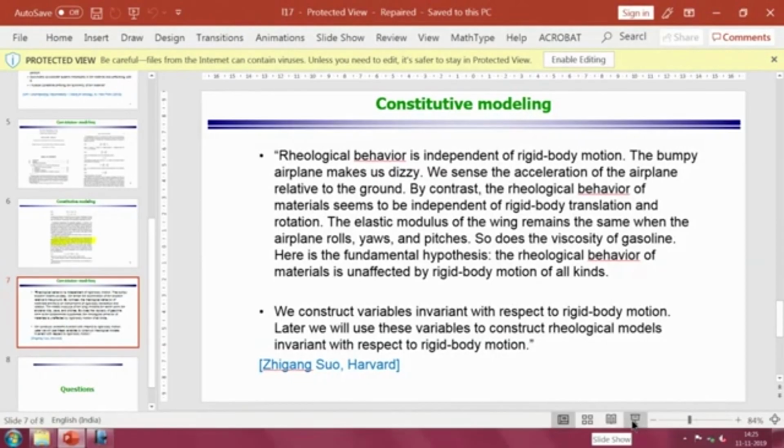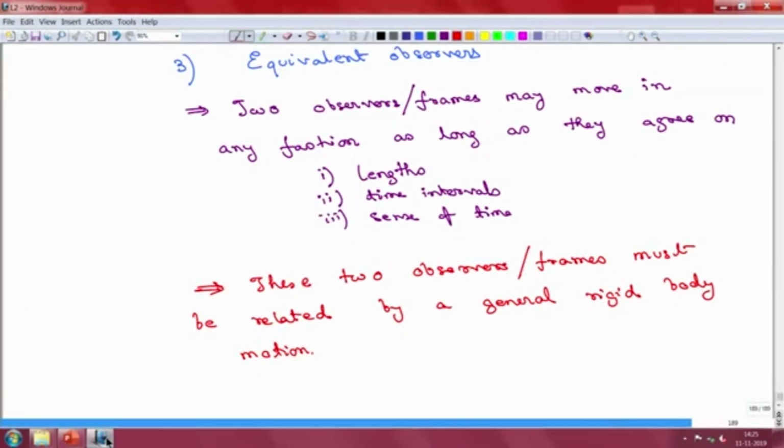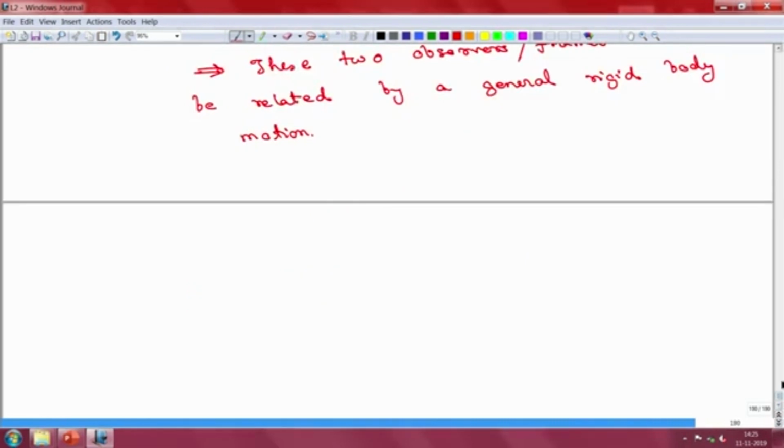And here we had just stated that equivalent observers are two observers who are basically related by a general rigid body motion. You can show that, and I am not going to show it here, but it can be shown that rigid body motion basically involves a rotation and a translation.